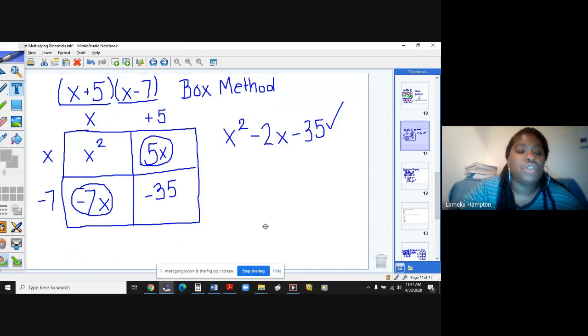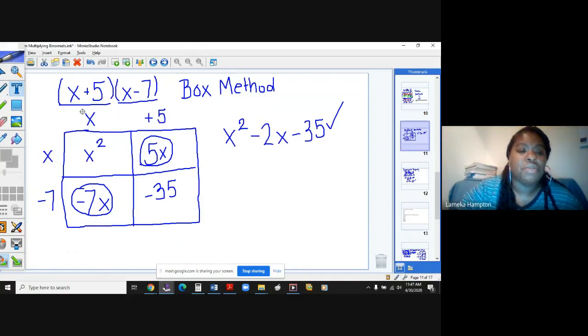So this is what you would do. You would simply just break down each binomial into the monomial. So you're going from 2 to 1. And each corner represents where you're going to place your letter or your variable and or your number.